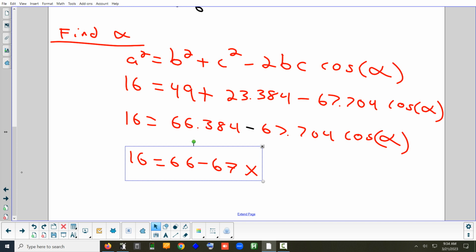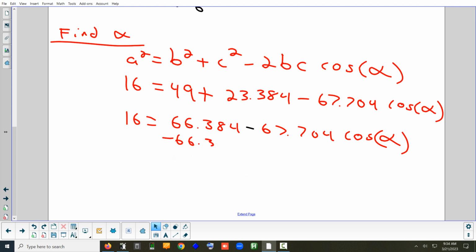Yeah? Just subtract the 66 from this side. Right, you need to bring the 66 to the other side. You can't do 66 minus 67, because those aren't like terms. Tried to kind of explain that before too. So bring the 66 to the other side. So minus 66. That's gone.